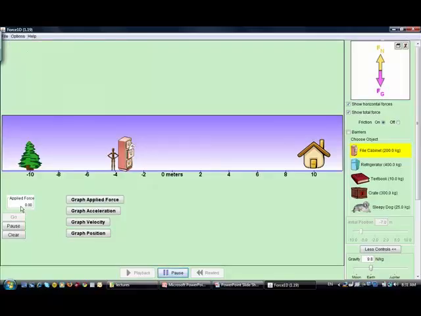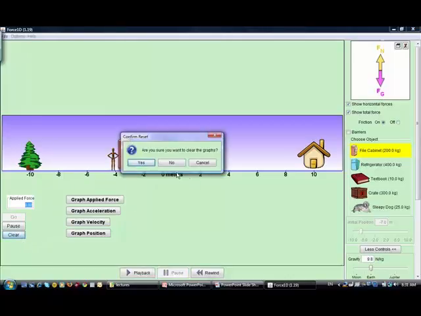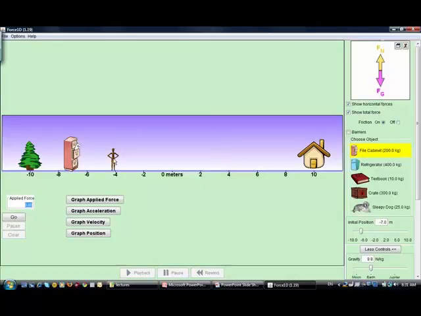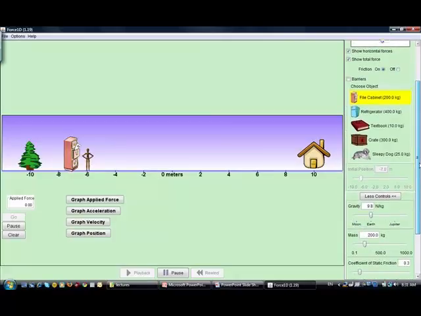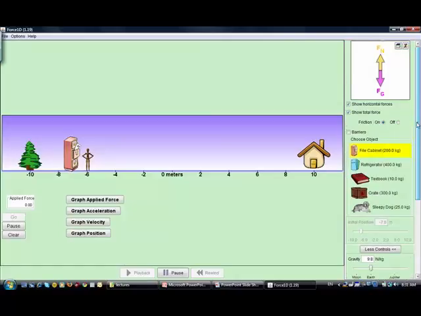Now, you can type in values for the applied force here if you want, or you can do it by just pushing against the cabinet. You can actually change the cabinet to other objects: textbook, fridge, dog, crate, whatever.